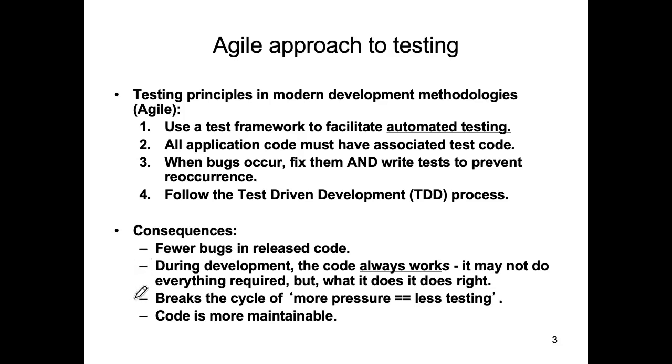And number three, it breaks the cycle. You see, the problem with the waterfall approach was that testing was something that we did at the end. We did our full design, we did our full implementation, and then we did the testing. And really, it's usually towards the end of the whole development cycle that you're under pressure to deliver your software to your customer.